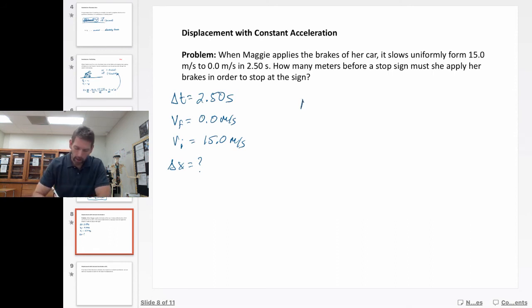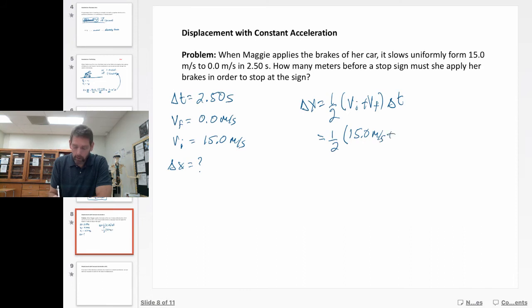And so we already had that delta x equals 1/2 (vi plus vf) times delta t, right? So we've got 1/2. Our initial is the 15 meters per second, right?